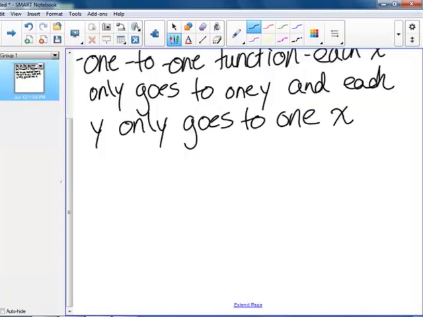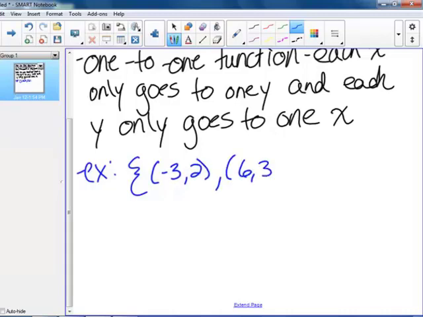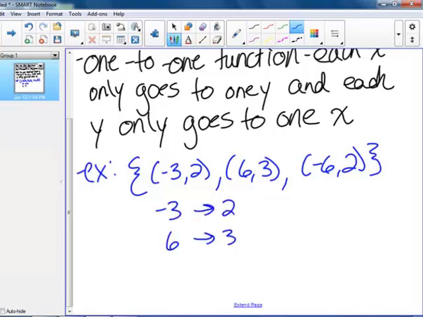Okay, so let's say, for example, let's do some with just points first, and we'll do some graphs. Let's say that I have (-3, 2), (6, 3), and (-6, 2). -3 goes to 2, 6 goes to 3, -6 goes to 2.